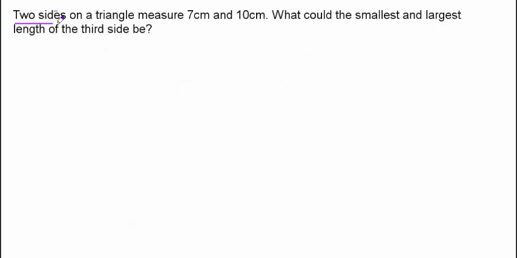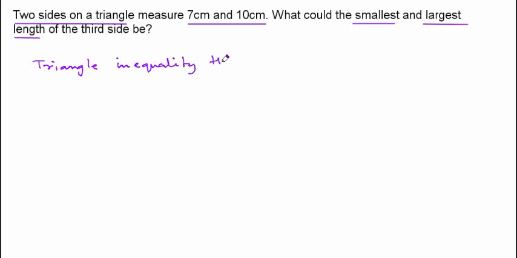Two sides on a triangle measure 7 centimeters and 10 centimeters. What could the smallest and largest length of the third side be? And this problem is a direct application of the triangle inequality theorem that tells us that the sum of any two sides on a triangle has to be larger than the third side.